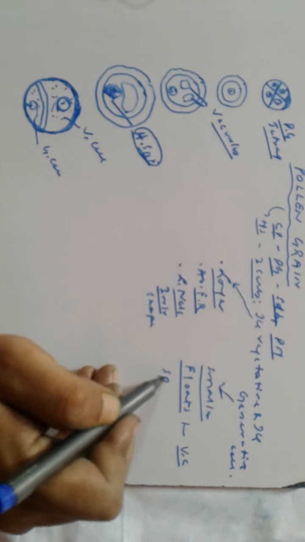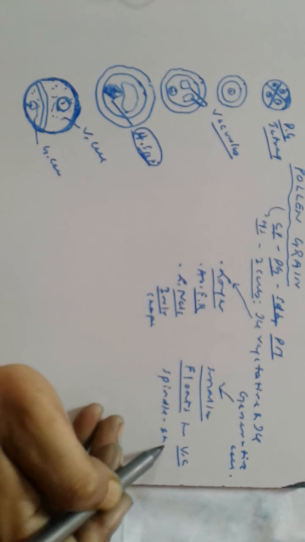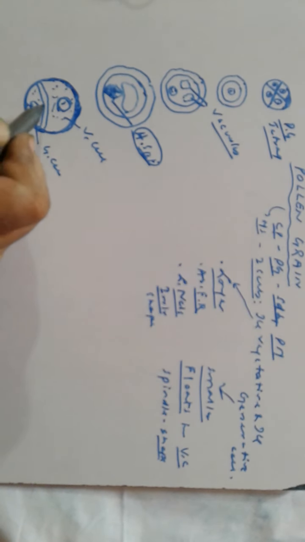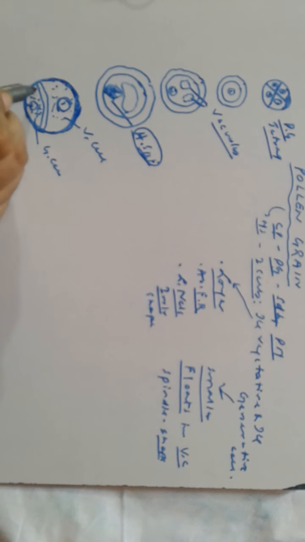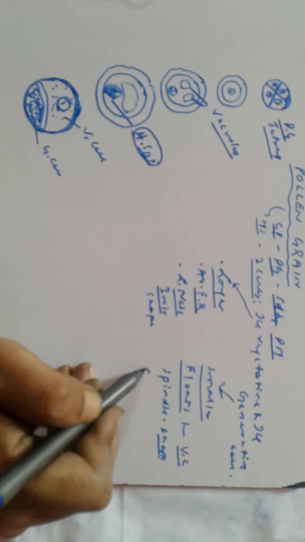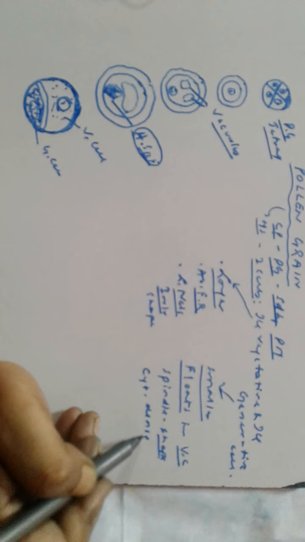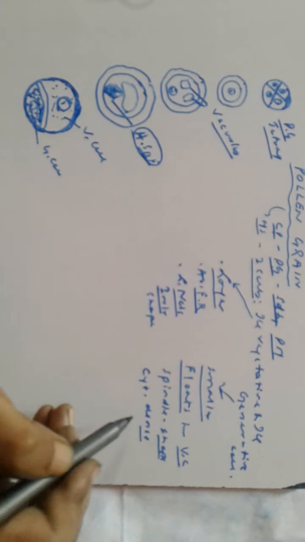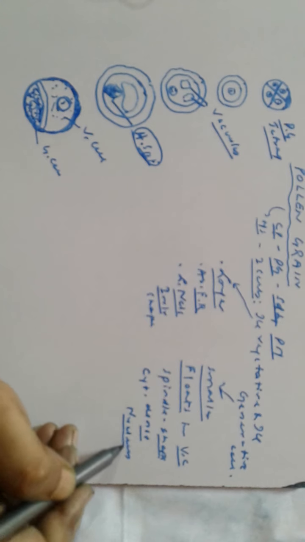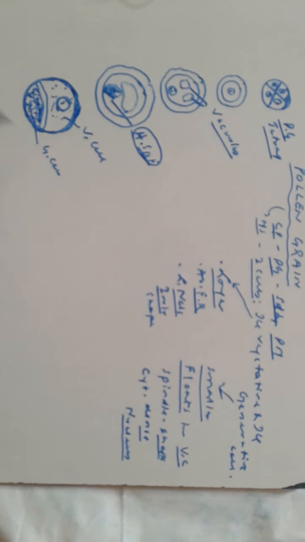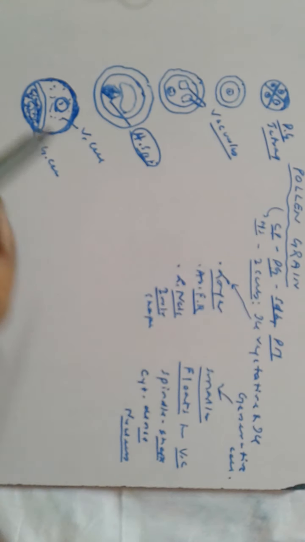Its cytoplasm is very dense and it has a nucleus. So the characteristics of the generative cell are: it is smaller than the vegetative cell, it floats in the cytoplasm of the vegetative cell, it is spindle shaped, and its cytoplasm contains a nucleus and is dense.